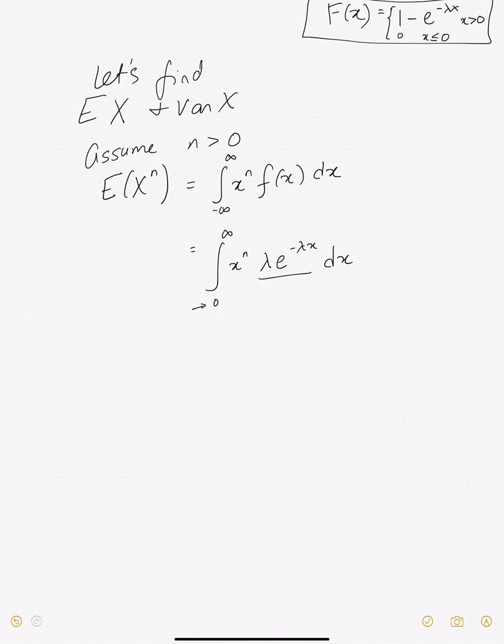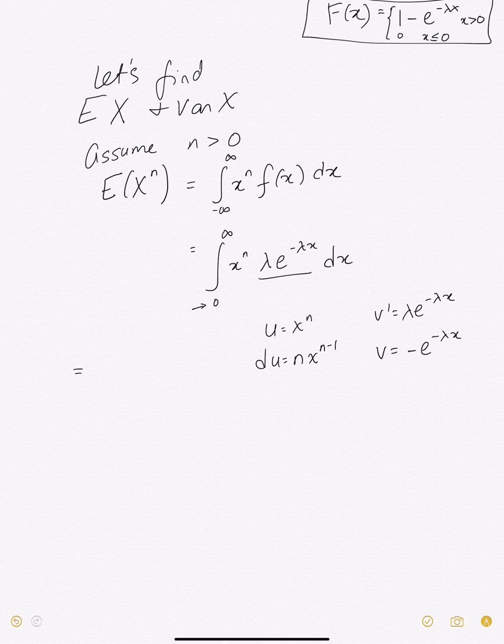What we're going to do now is a little bit of integration by parts. We let u equal x to the n, then du is n x to the n minus 1. We let v prime be lambda e to the minus lambda x, then v will be minus e to the minus lambda x. So what will this integral be?